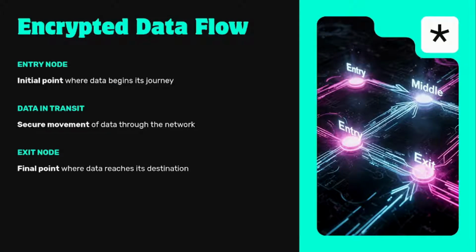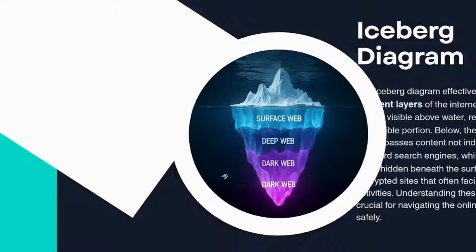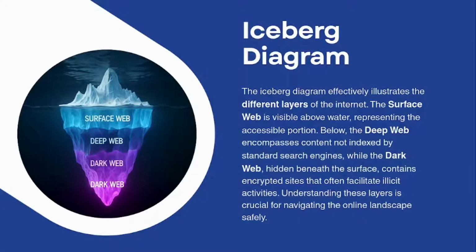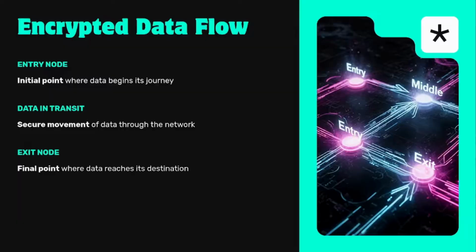By the time it reaches the final node, all layers are removed. But here's the key: no node ever sees the complete information. This layered encryption is what makes Tor so powerful. It ensures that even if one node is compromised, your identity is still protected.